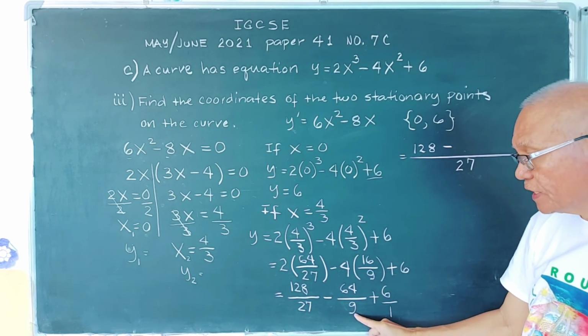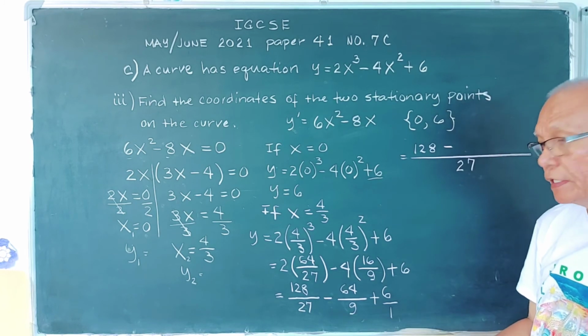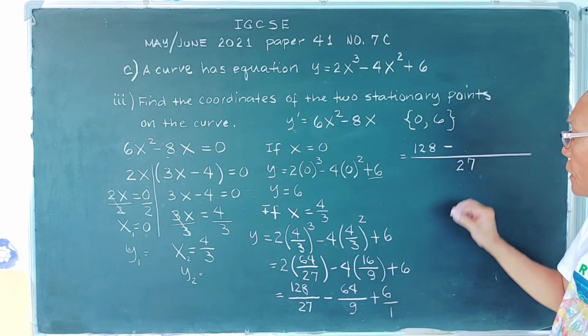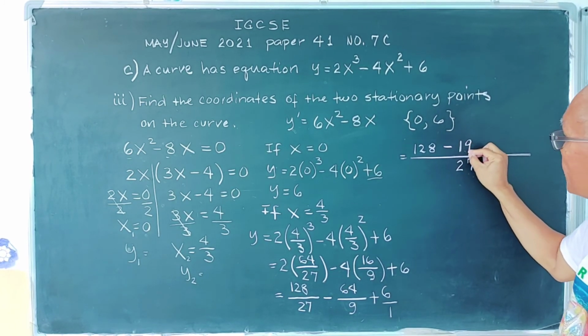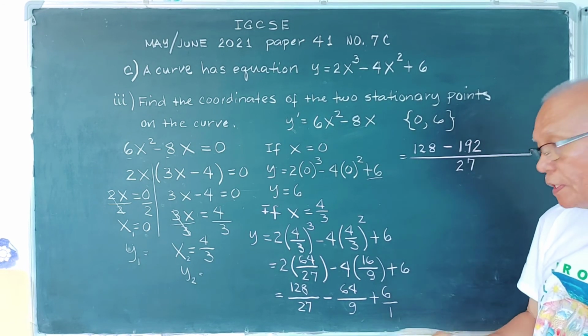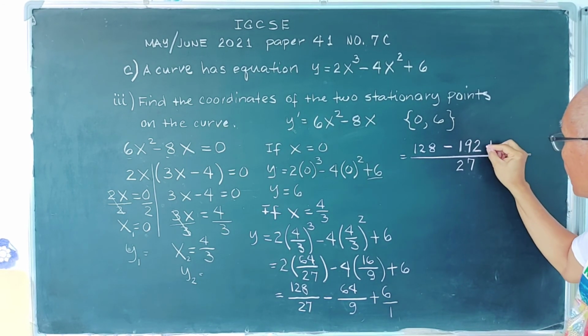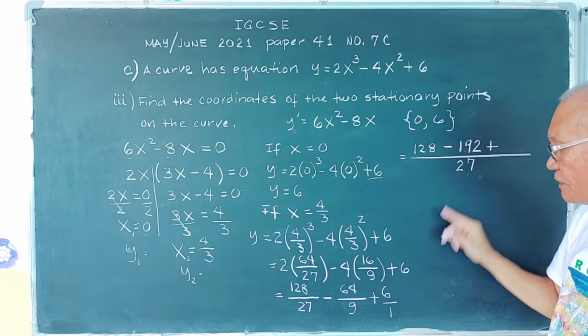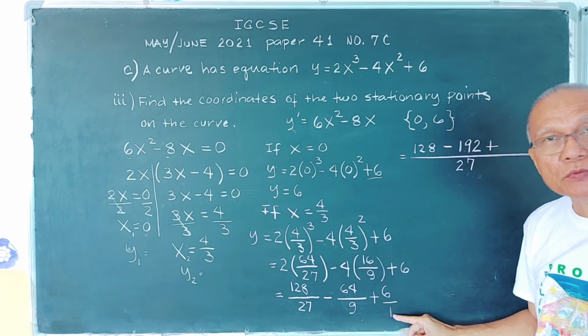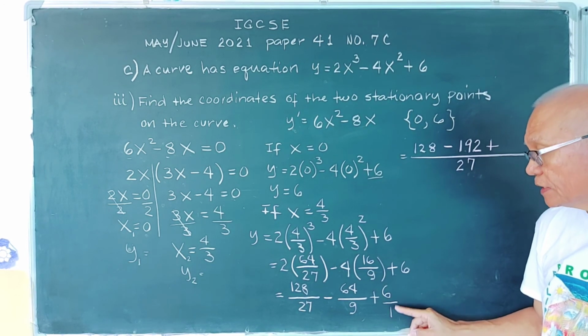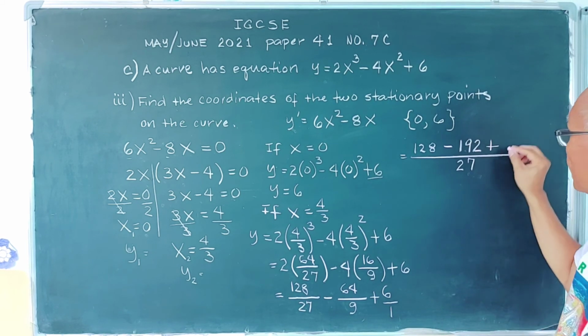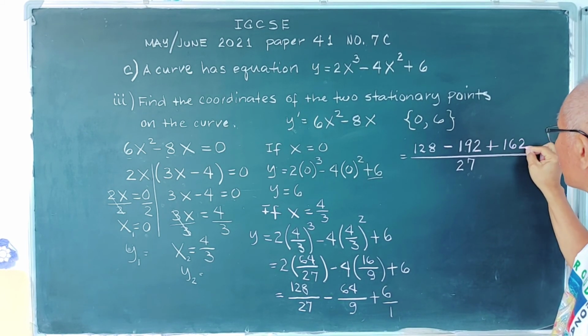27 divided by 9 is 3. 3 times 64 is 192. And then plus here, 27 divided by 1 is 27. 27 times 6 is 162.